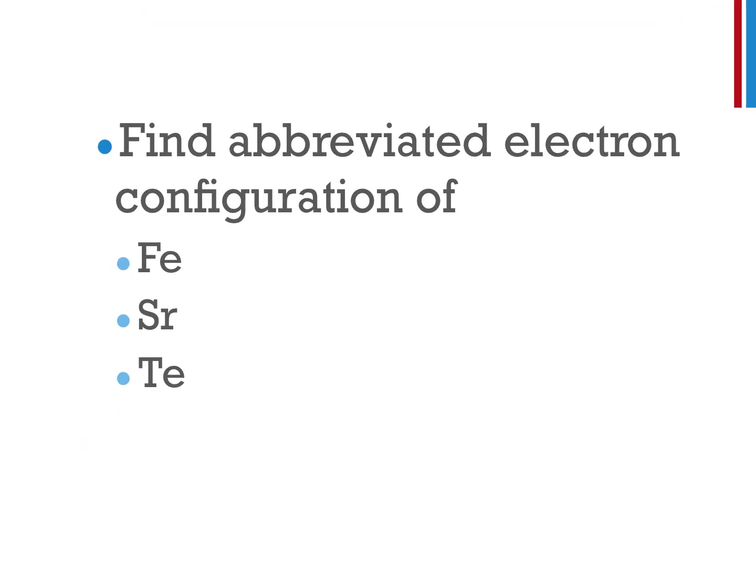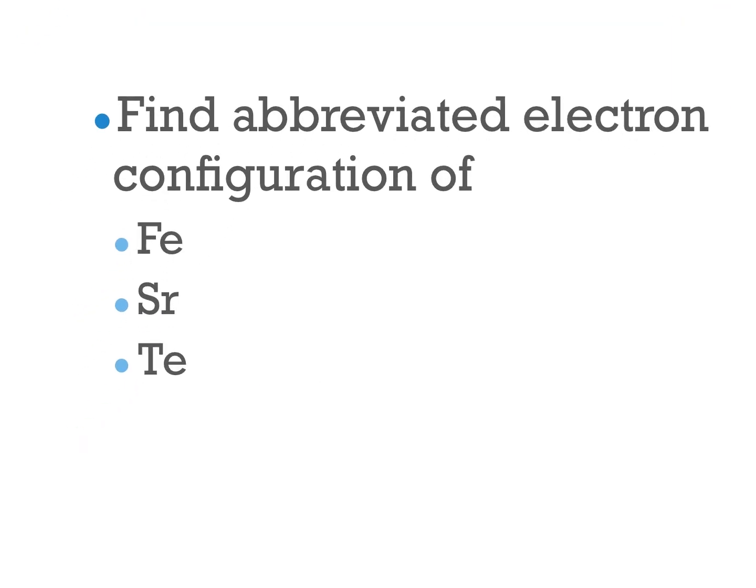Let's try a couple other ones here. Let's try iron. Do we see iron, number 26? We work backwards and find what is the noble gas that comes before iron. Yeah, it's argon also. So for iron, we're going to say it's the same as argon. And then we just have to list everything that comes after argon until we get to iron.